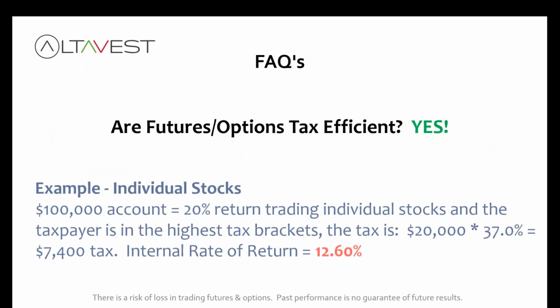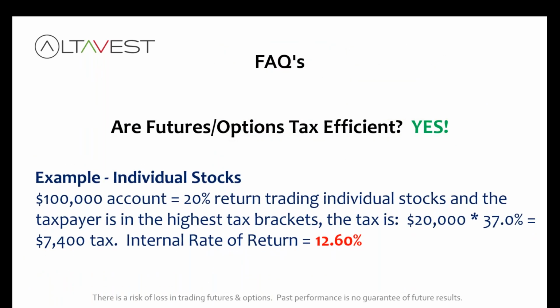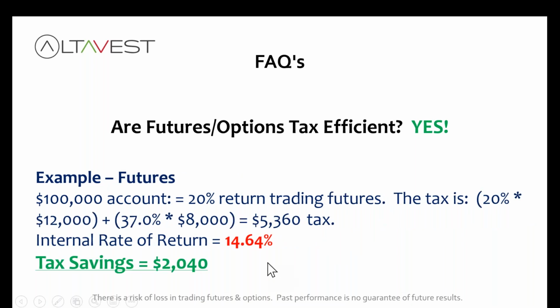So tax efficiency, here's an example. You're trading individual stocks. You generate a 20% return. You're going to get 12.6% IRR after tax. But if you're doing trading with us, the same result is a 14.64% return. Basically, you save over $2,000 in taxes just because you're trading in a tax efficient space.